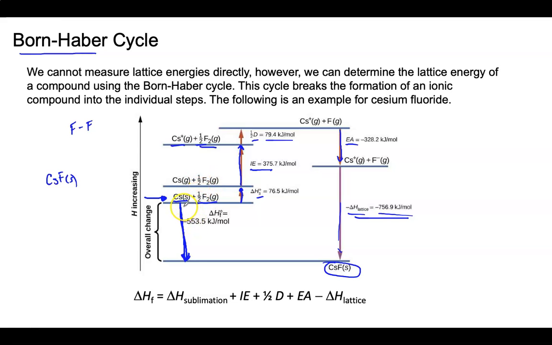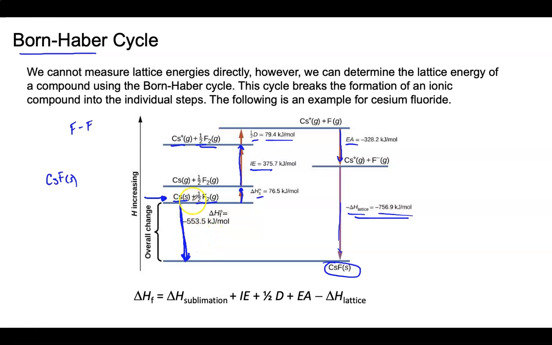So we went from heats of formation, the enthalpy of formation, which basically takes our elements and makes what we want. And the other route is actually creating each individual piece and getting back to cesium fluoride just like this does.